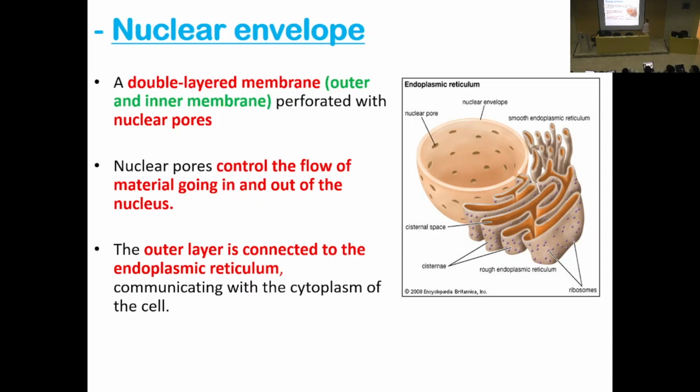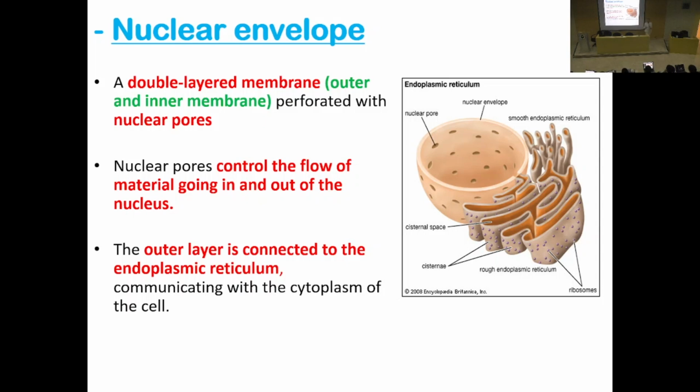And as you can see here, the outer membrane communicates with another organelle, which is called the endoplasmic reticulum. As we said, there are two types: rough and smooth. As you can see, the rough is like flattened sacs, or flattened or folded membrane, and the smooth is like a cone.